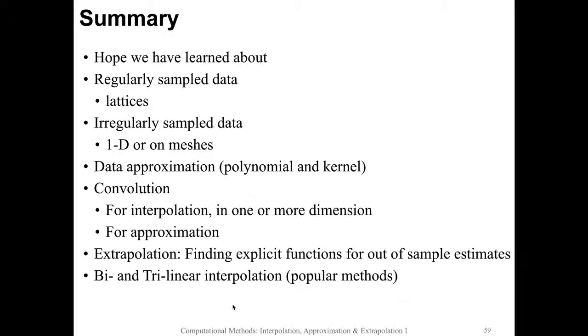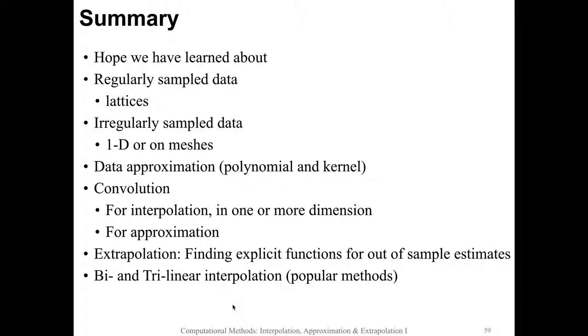So as a summary for all the notes in the lecture so far, I hope that we've learned about regular data lattices in 2 dimensions and higher dimensions. We've also looked at irregular data in 1 dimension or on meshes. We've discussed approximation, either polynomial approximation or kernel approximation, and the errors that can happen with that.